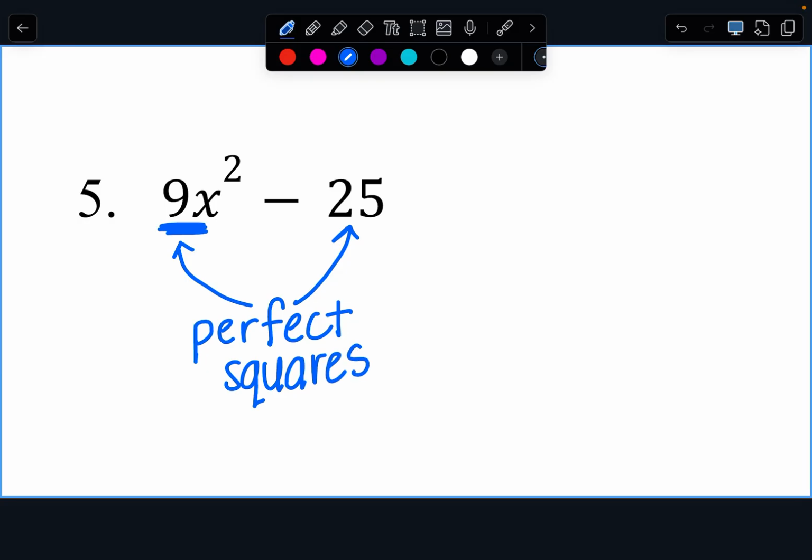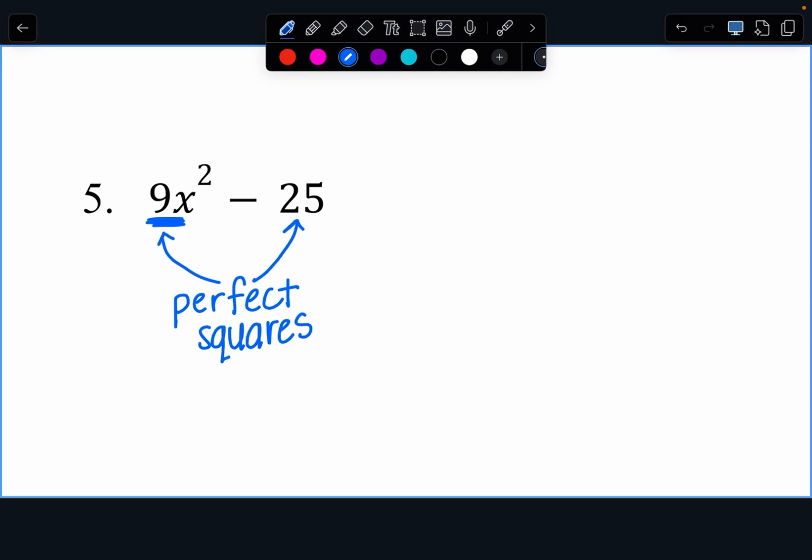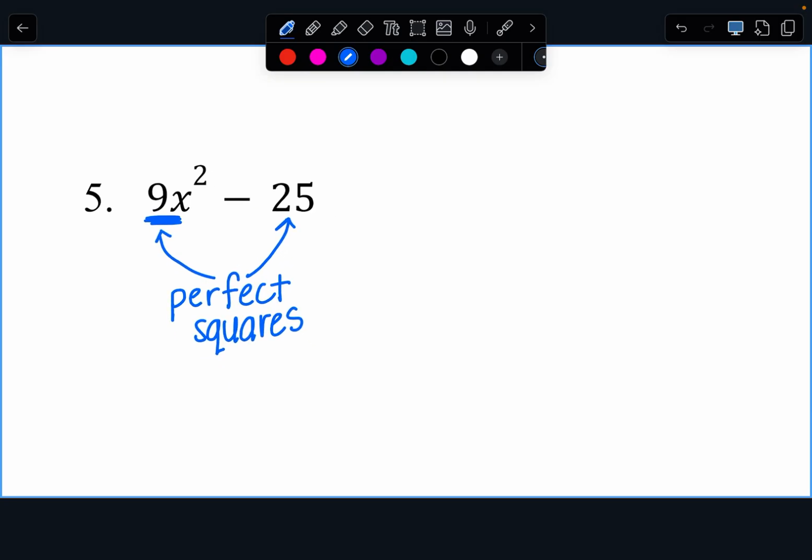And there's a minus sign in between. And it's missing that middle term, meaning there's just a first and a last term, there's no middle term. Any idea what would go in these parentheses?